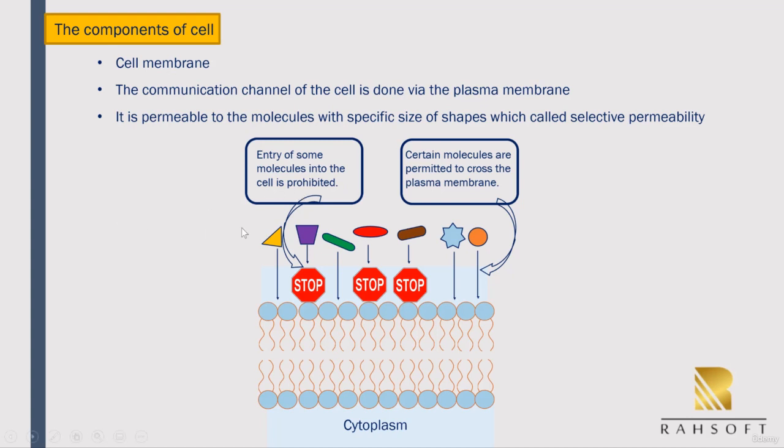For example, it will allow this triangle, this long oval shape, this star fragment, and this circle to go through. However, the trapezoid here, this longer oval, and this brown shape cannot be allowed through because it is only permeable to certain types of molecules. That's how selective permeability works.